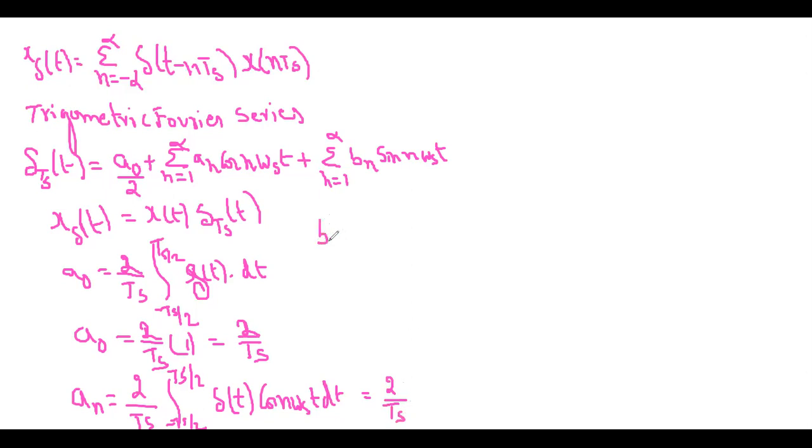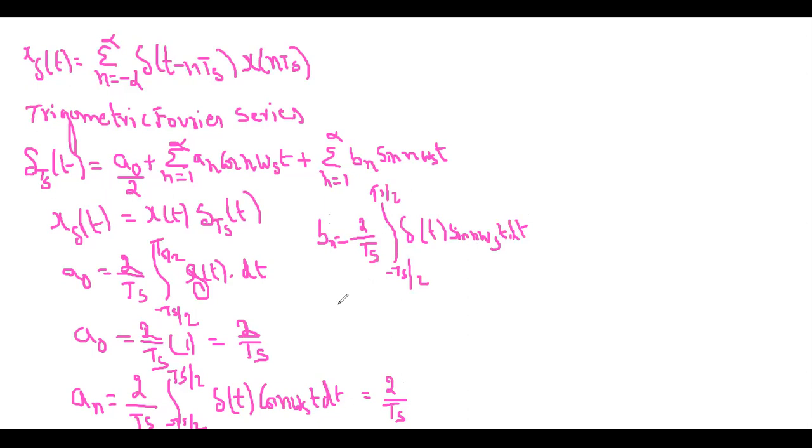Now coming to the bn, bn is equal to 2 by ts, integral from minus ts by 2 to ts by 2, delta of t sine n omega s into t dt.